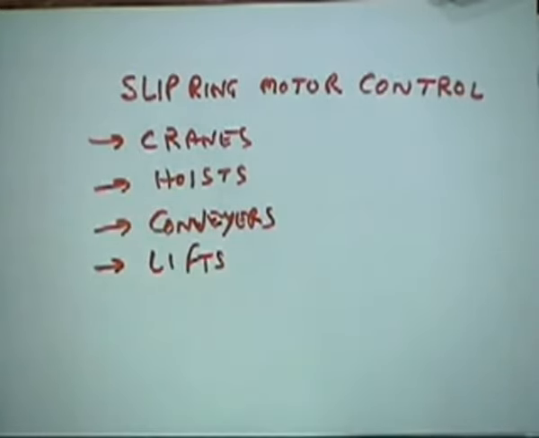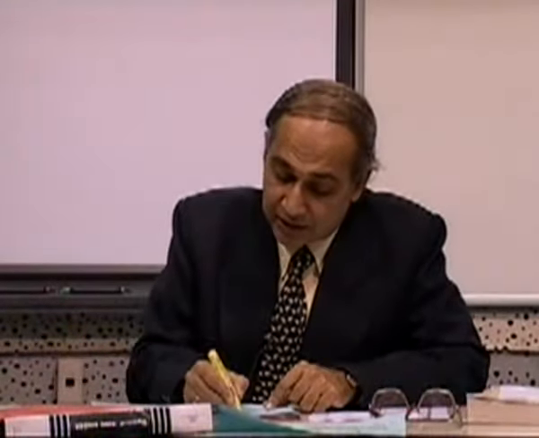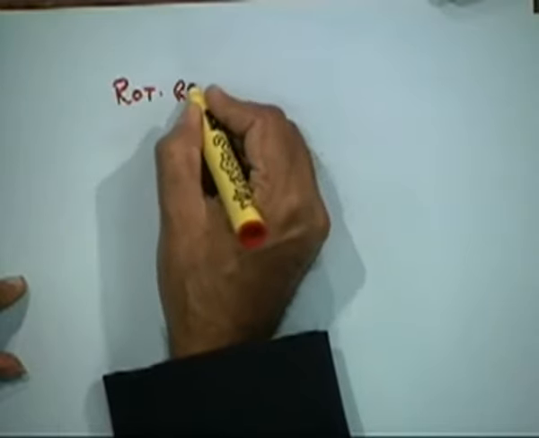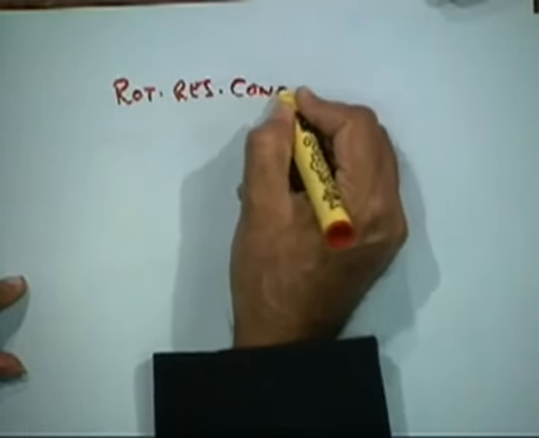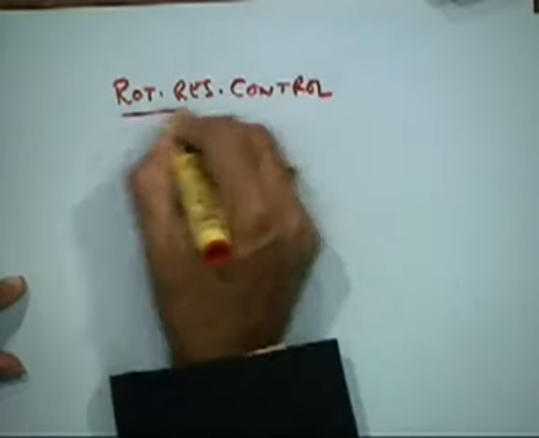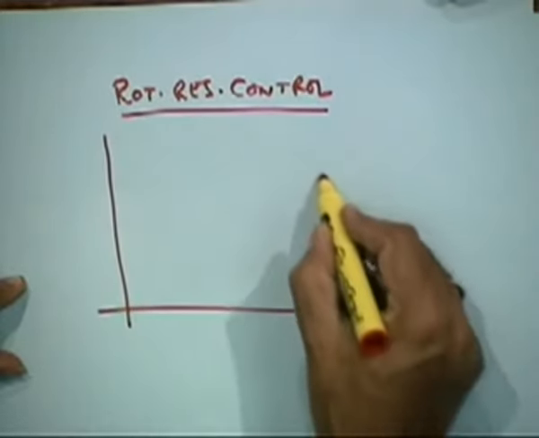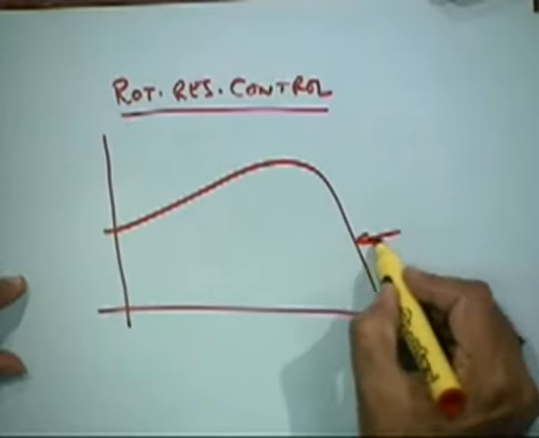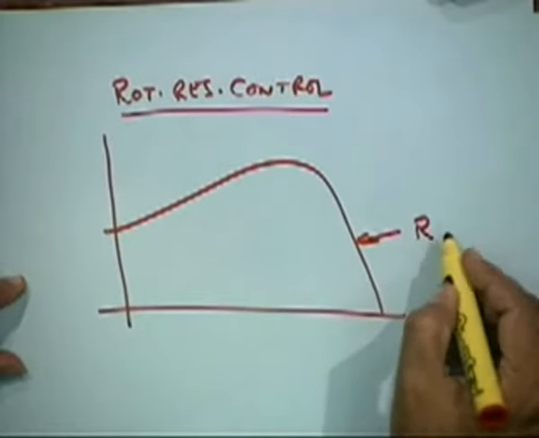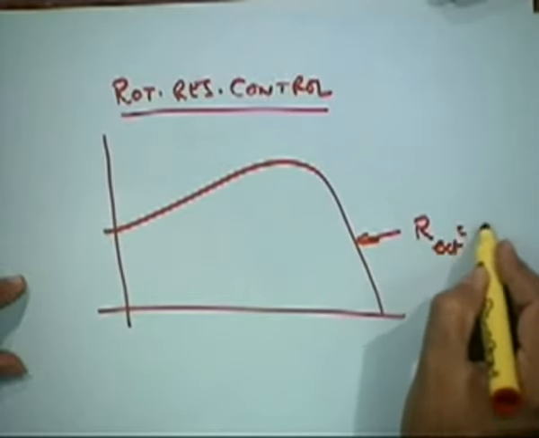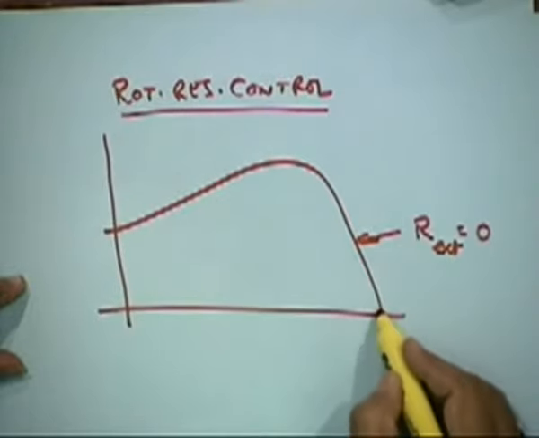Some of these things you would like to control the speed, and one method is the rotor resistance control. So what you do is, this is the torque speed characteristic. If you don't connect any rotor resistance, let us say R external is 0, then you can go on increasing this.